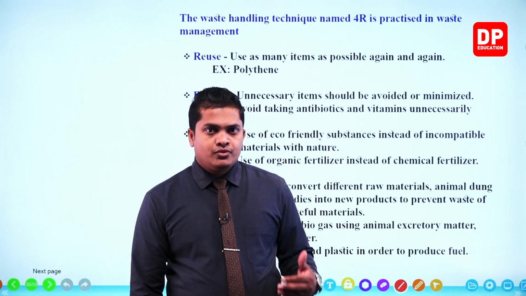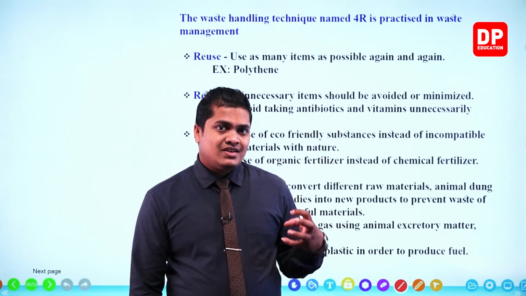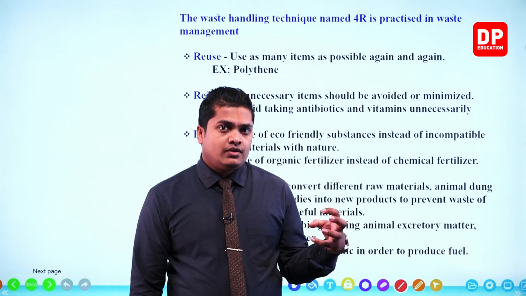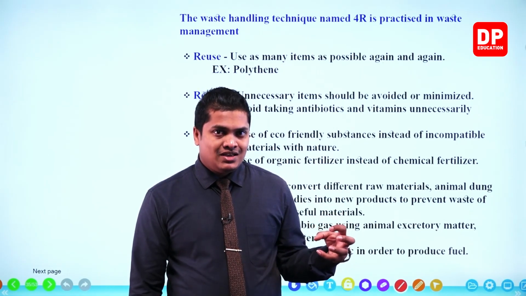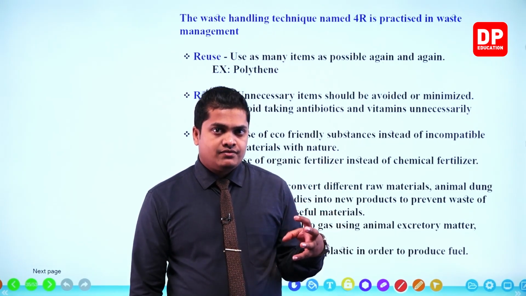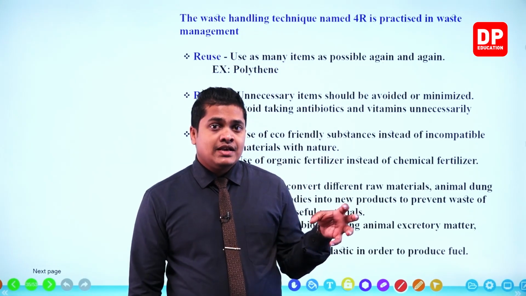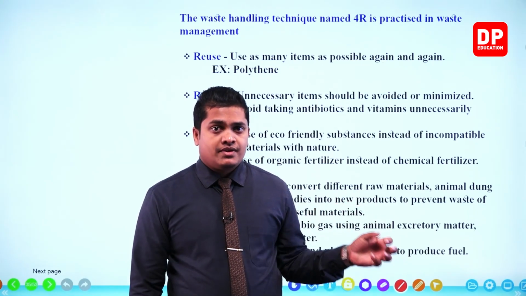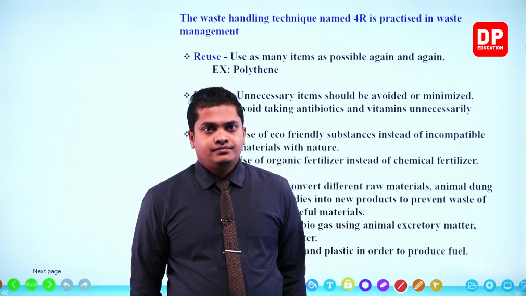So what we have to do right now is minimize the usage of agrochemicals, and by minimizing to a certain extent, we will get the ability to replace these agrochemicals with organic materials.